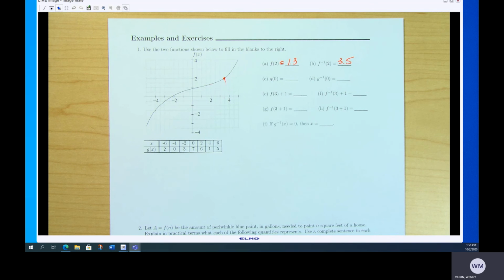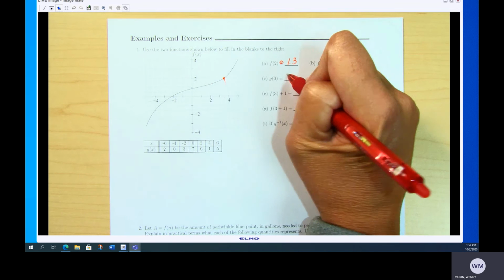Okay, stop the video right now and try C through I on your own. Okay, hopefully you tried those on your own so you could get some practice. Here are the answers for you to check.